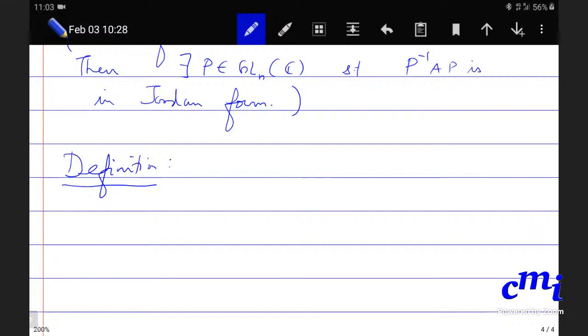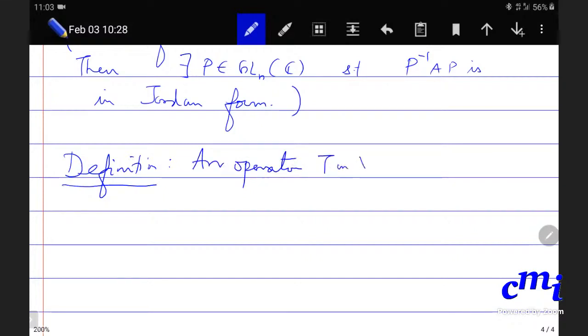An operator is called nilpotent if there is some m such that T to the m is 0. When I say operator, I mean linear operator.